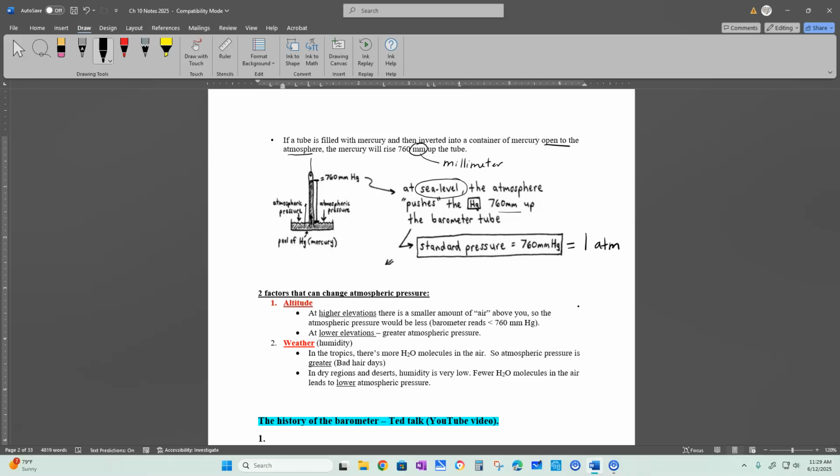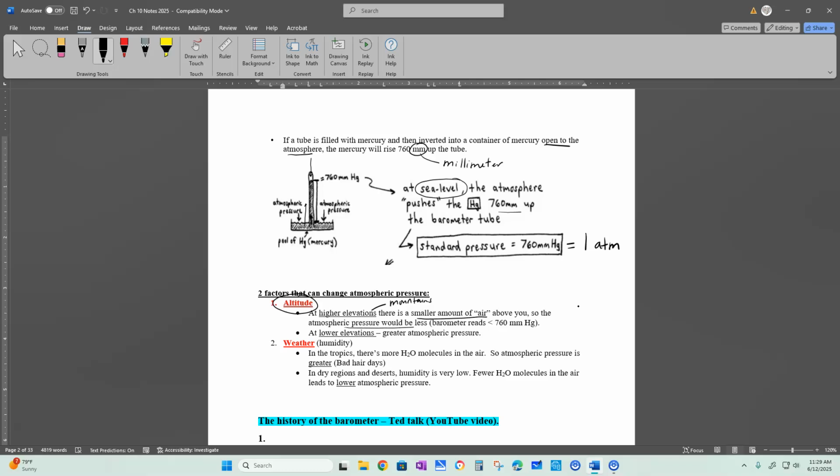There's two factors that can actually change atmospheric pressure, like altitude. Whether you go into the mountains, so higher elevation, or whether you go to like the ocean or even just Fontana, at higher altitude there's smaller amounts of air that's above you.